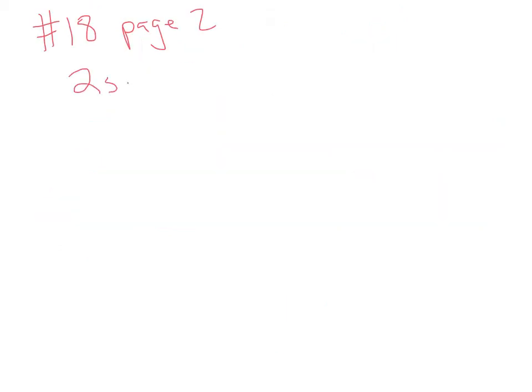2 sine squared of x plus 3 sine of x minus 2 equals 0. I noticed that this is in the form of 2 something squared plus 3 something minus 2, which automatically makes me think it's a quadratic function.